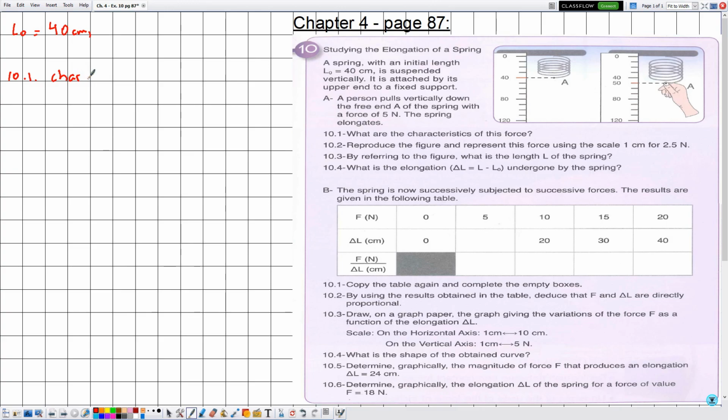Characteristics of the force. We know that the characteristics of the force are given by the point of application, the line of action, the direction, and the magnitude.